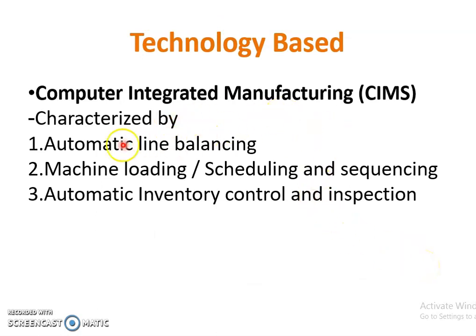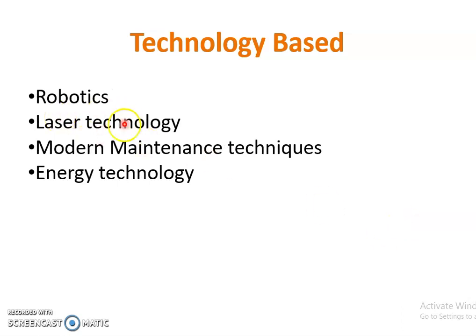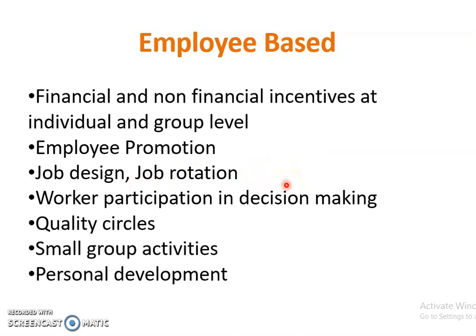So these are again characteristics of technology based improvement technique: automatic line balancing, machine loading, scheduling and sequencing, automatic inventory control and inspection, robotics, laser technology, modern maintenance techniques, energy based techniques.